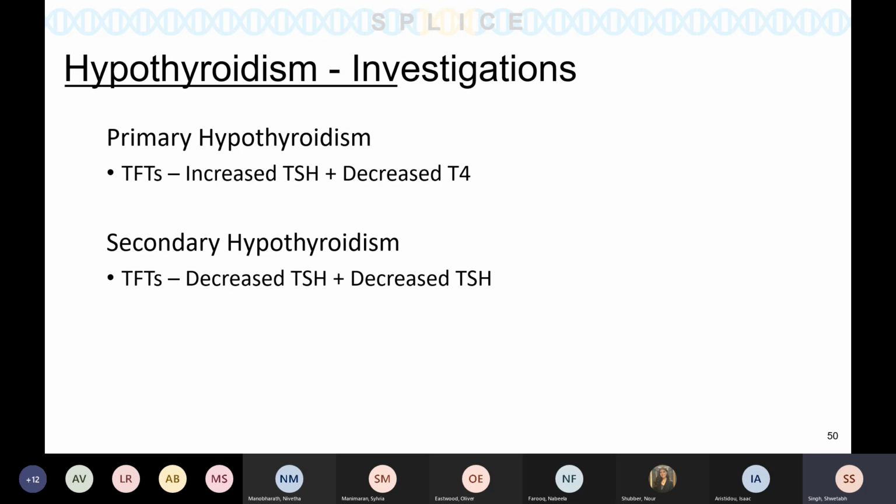Little does it know that the actual thyroid gland is messed up, so it's not going to do anything. Secondary hypothyroidism, again, very rare, decreased TSH due to some sort of hypopituitarism picture. And because there's not that much TSH, there's a decreased T4, so decreased TSH and a decreased T4. Next slide.